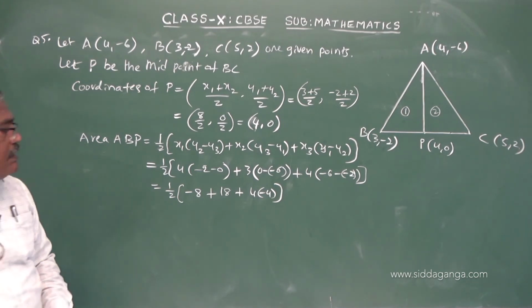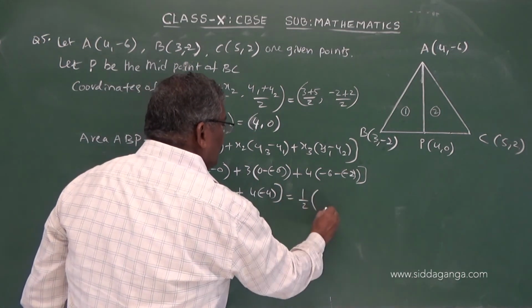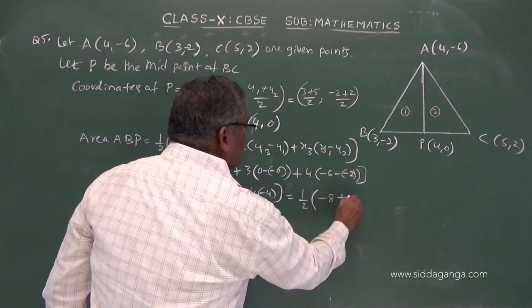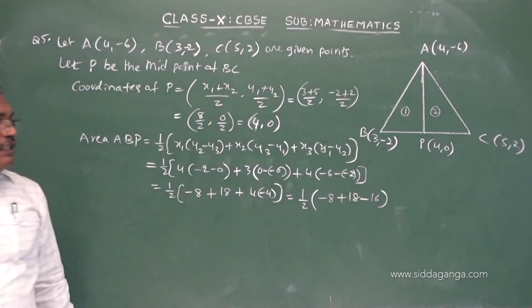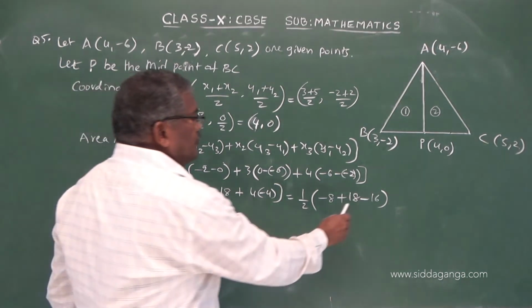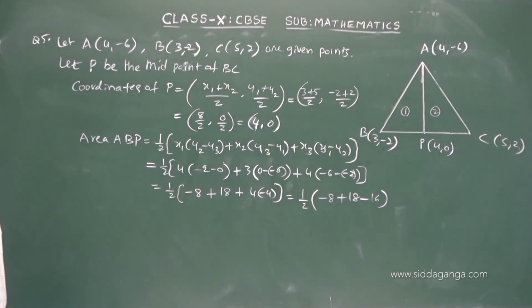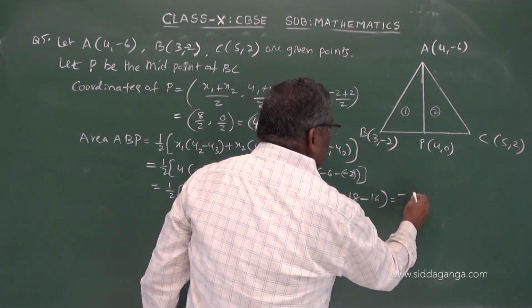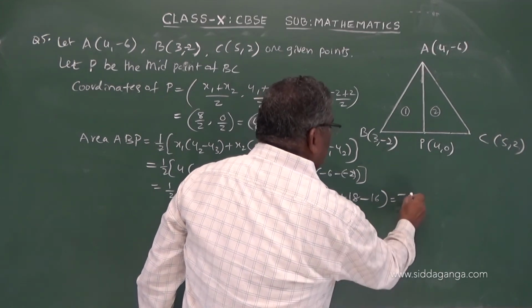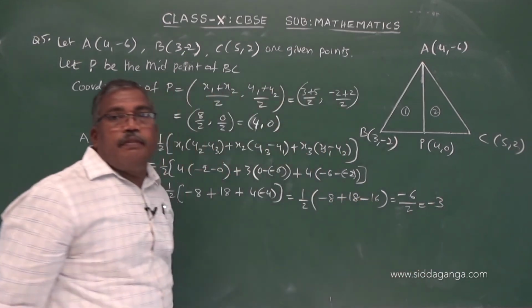So 1 by 2 into (minus 8 plus 18 minus 16). Minus 24 plus 18 is minus 6, divided by 2 equals minus 3.